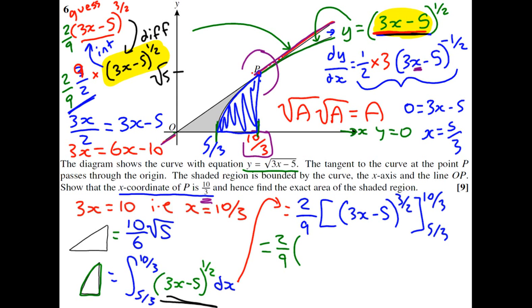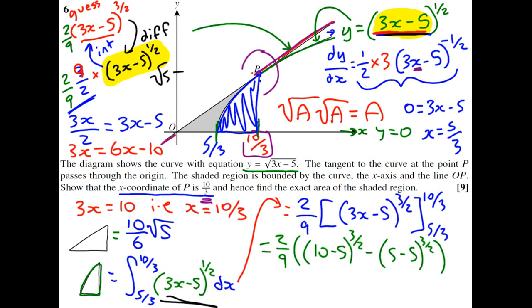For the first limit, we're going to get 10 over 3 times 3, 10 minus 5 to 3 over 2. And for the second limit, we're going to get 5 over 3 times 3, 5 minus 5 to 3 over 2. So the second term is going to go to 0.